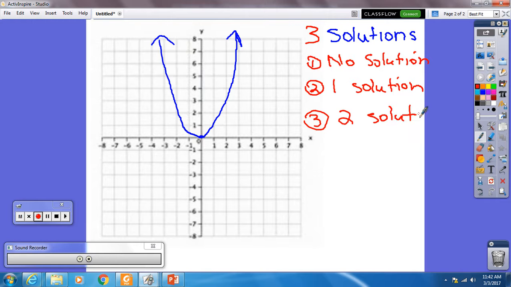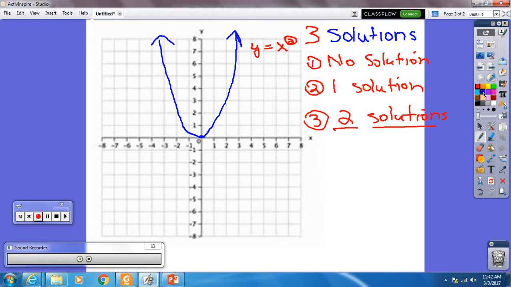The most a quadratic function can have is 2 solutions. Why? Think about it. It's y equals x squared. You see this little 2 up here? That also tells us that's the maximum amount of solutions that we can have. Okay, and when you get to cubic functions, the 3 will mean you can have 3 at the most.